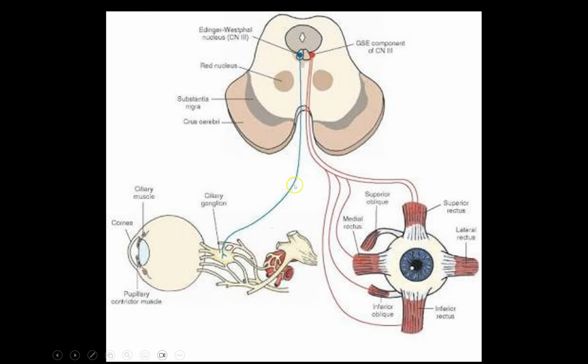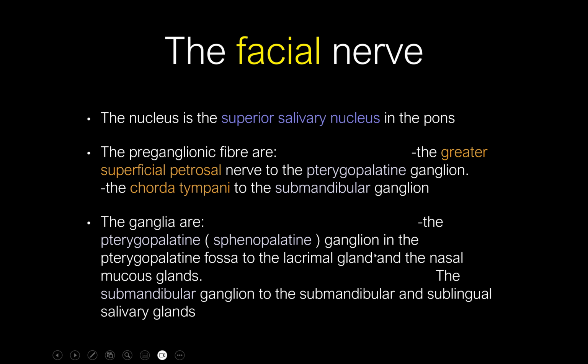The autonomic fibers pass through the oculomotor, reaching the ciliary ganglion behind the globe, and reaching the ciliary muscles, and is responsible for the contraction of the ciliary muscles and narrowing of the pupil, constriction of the pupil. This is the motor supply to the extraocular muscles.